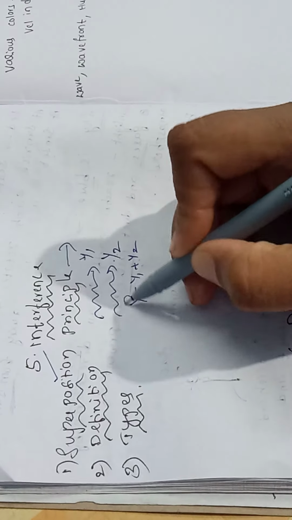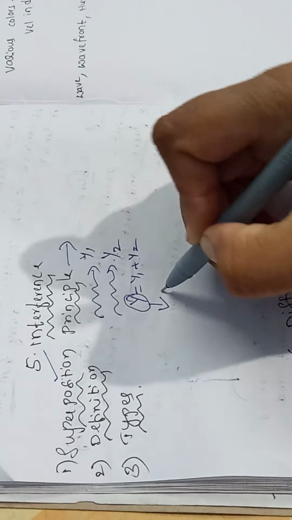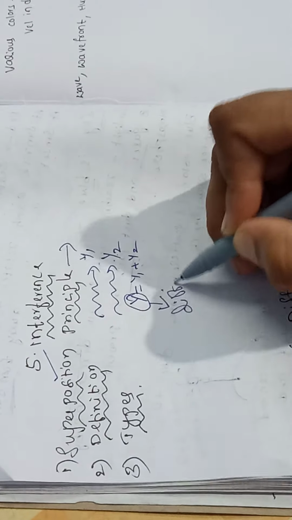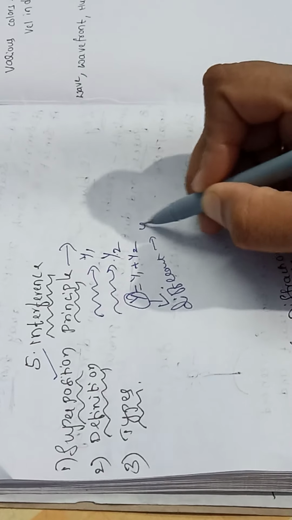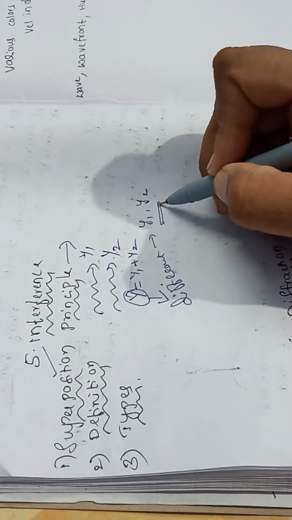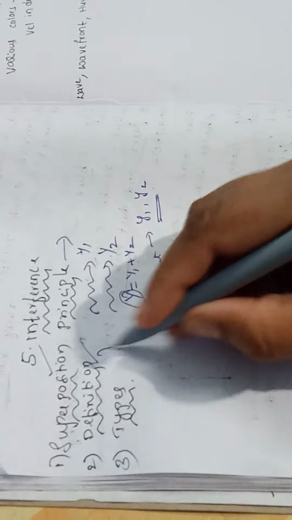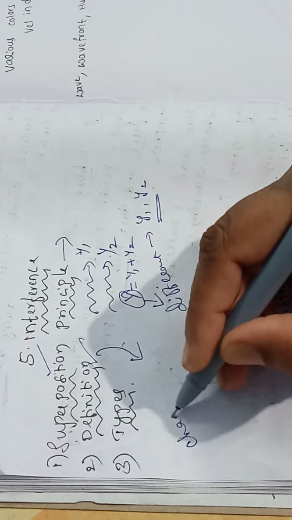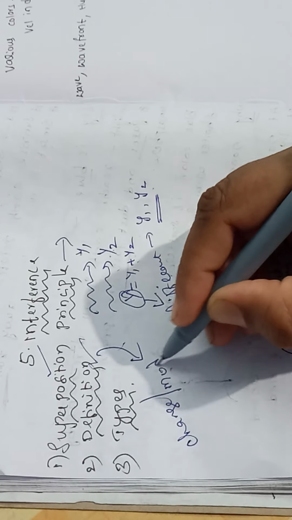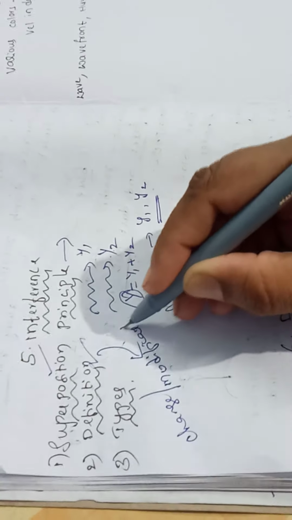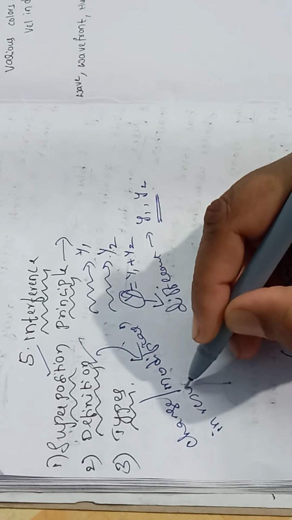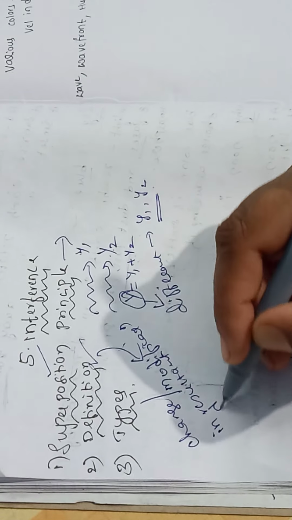Now, if this resultant displacement is different from the individual displacements, we call it interference. So what is interference? The change or modification in resultant displacement.